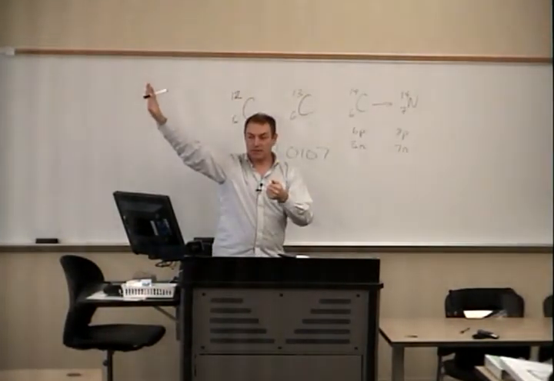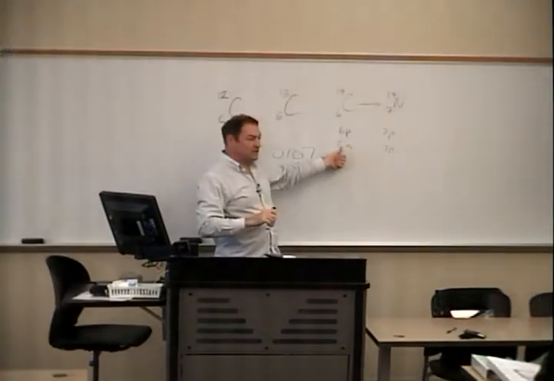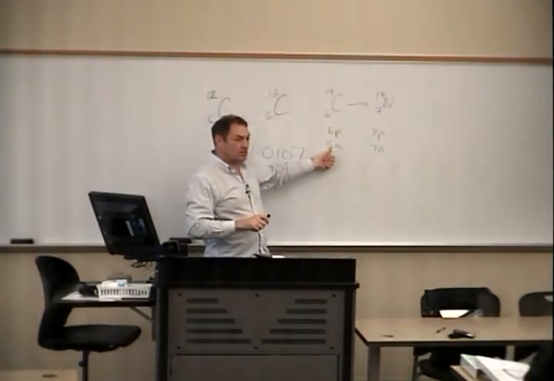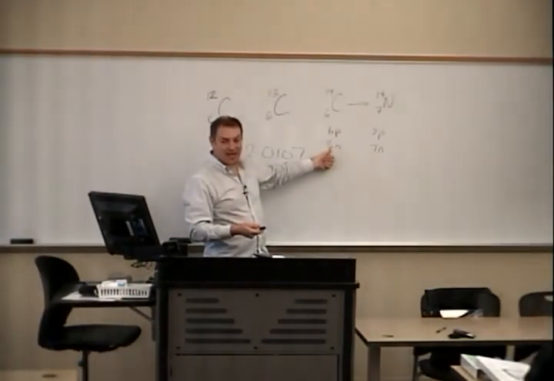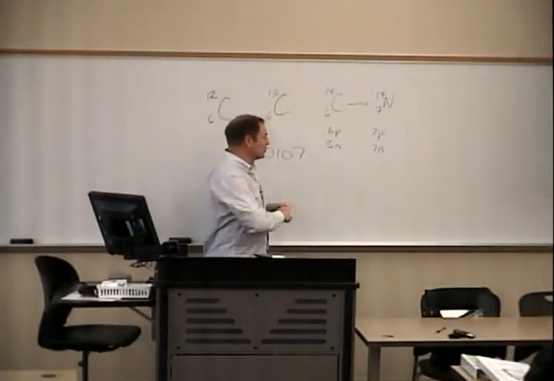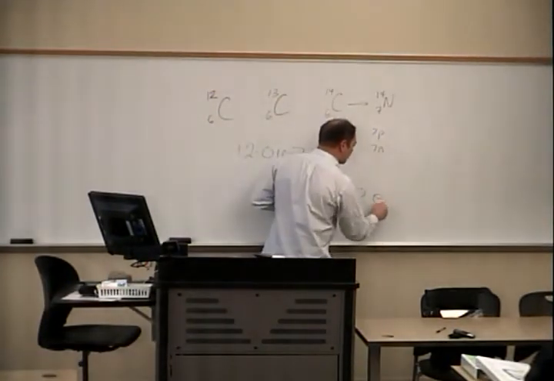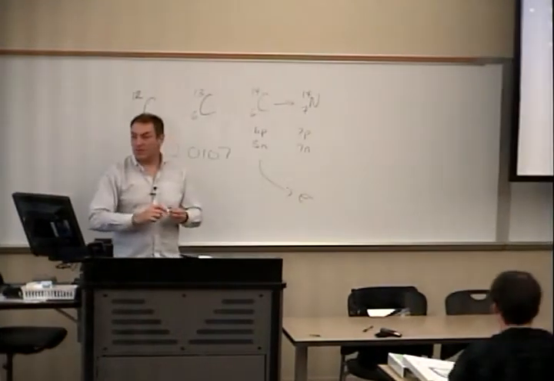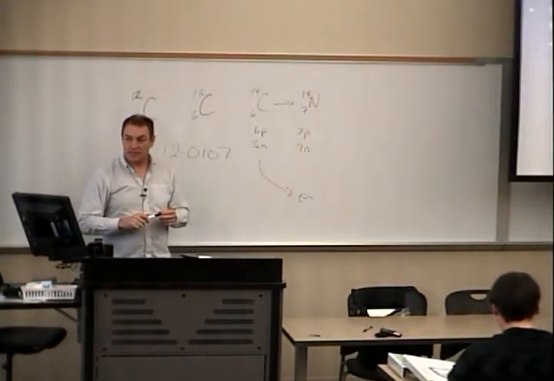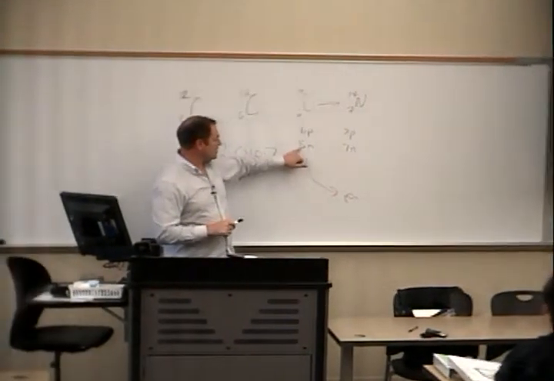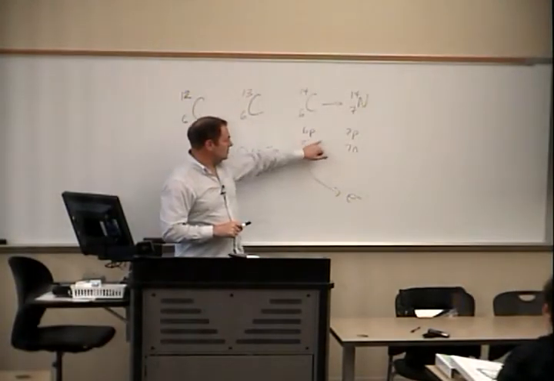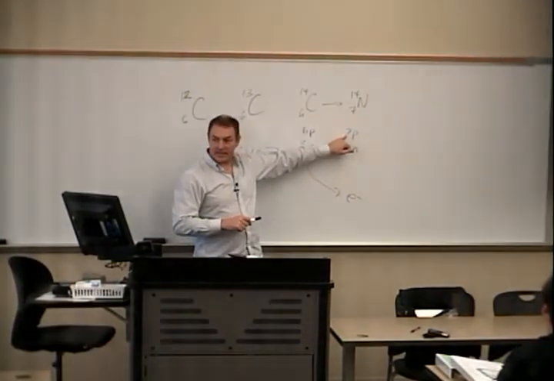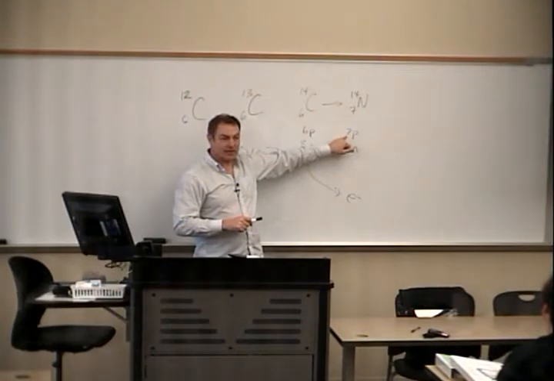So one of these neutrons turns into a proton and an electron. The electron disappears, flies off. That's one of the radioactive particles which is released. Okay? And then the proton stays where it is. So that's why we get an additional proton.